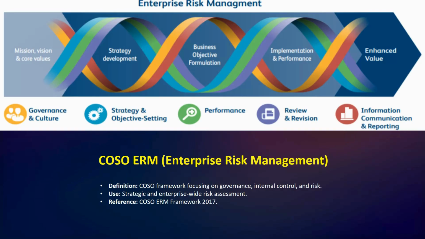It helps companies align their strategies with their risk appetite and make sure that risk management is a core part of their governance and internal control. So this is the framework you use when you want to look at the big picture. Here we have the definition: the COSO framework focusing on governance, internal control, and risk. Then it is used for strategic and enterprise-wide risk assessment.